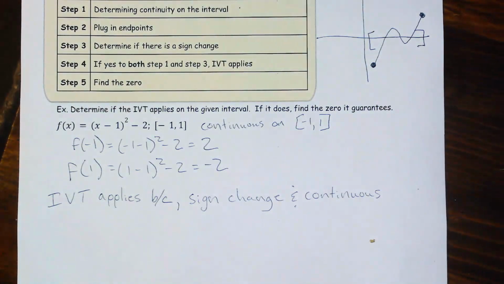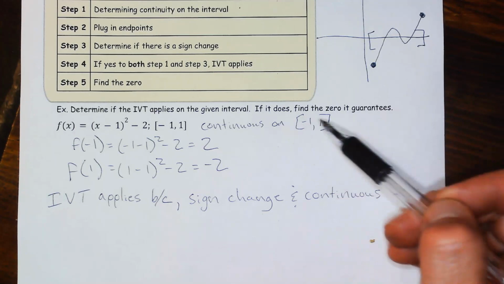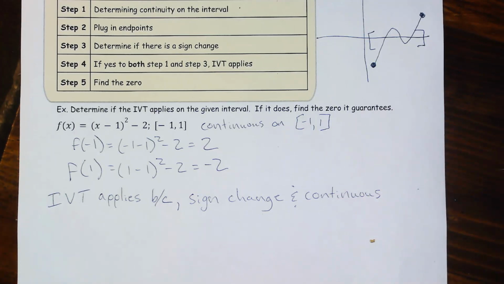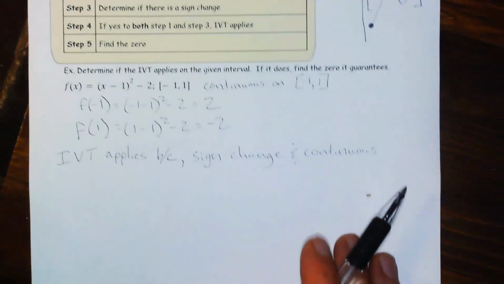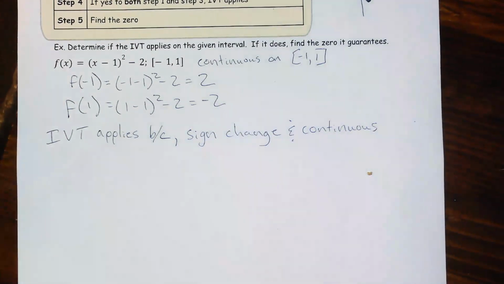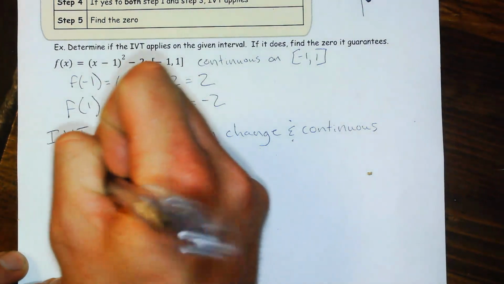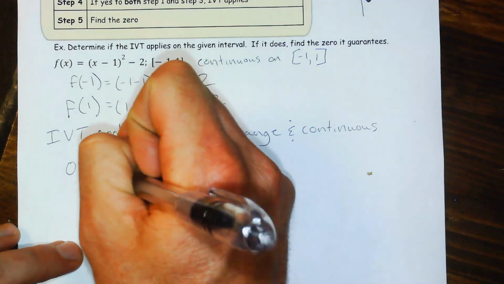So now, if the 0 is guaranteed by the intermediate value theorem, which in this case it is, I'm asking you to find it. The way that we find zeros is by solving solutions. We did that in the background information section. I'm simply going to set my function equal to 0 and solve.